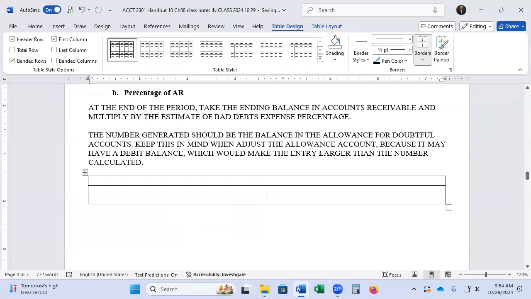Let's just say you have a T account and you have the allowance for doubtful accounts. When you get that number, it should equal that ending balance. And so you have to determine the adjustment based on the current balance.